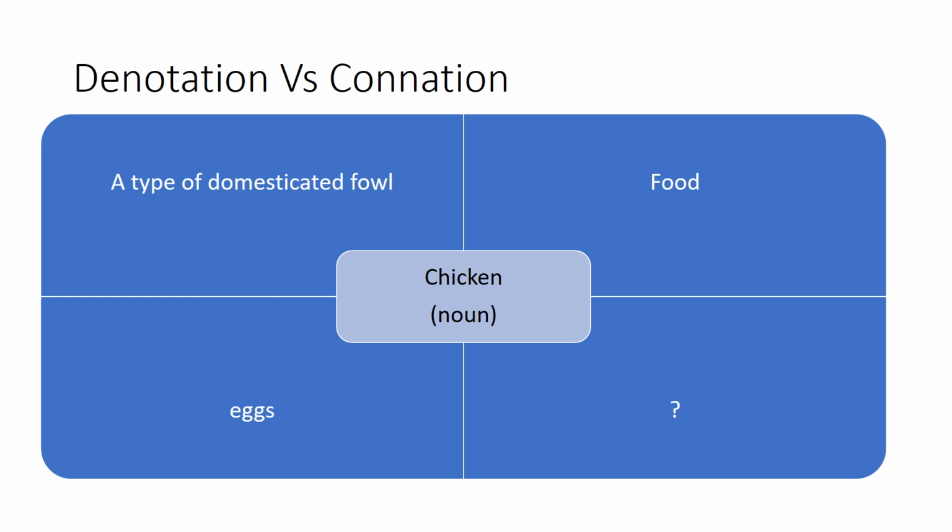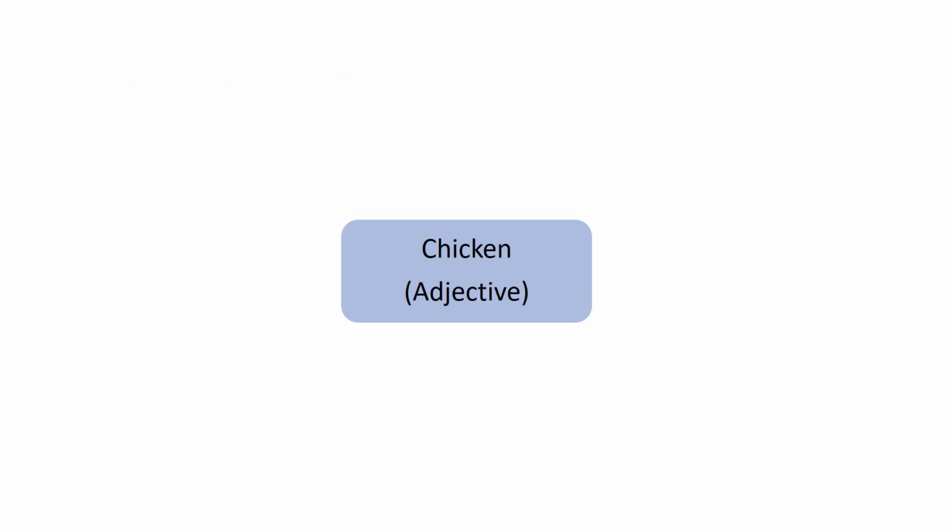Let's look, for example, at the word chicken. Chicken, noun. It is a type of domestic fowl. It's food. You can get eggs. But what is the connotation of chicken? What does it mean if I describe somebody as chicken? If we use the word chicken as an adjective, it's a very different thing.